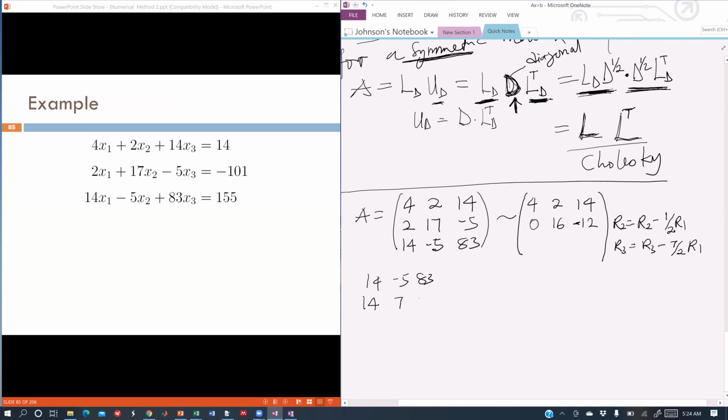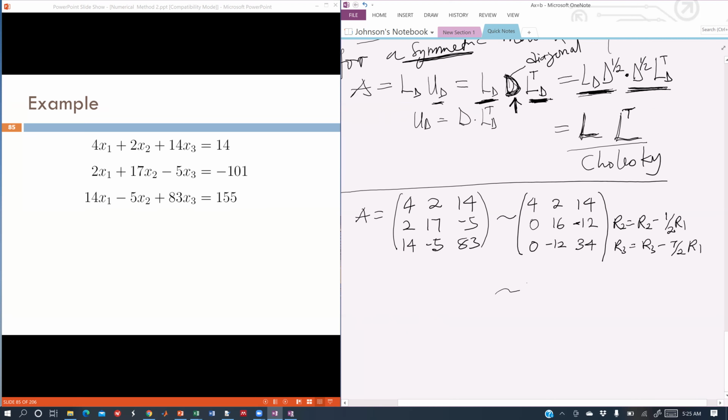And then we have 2 goes there, 7, and that will give us 49. So subtracting, we get here 0, minus 12. Then when you subtract 49 from there, this gives us 34. So we get 0, minus 12 and 34. So this is what we get after the first iteration of the Gaussian elimination.